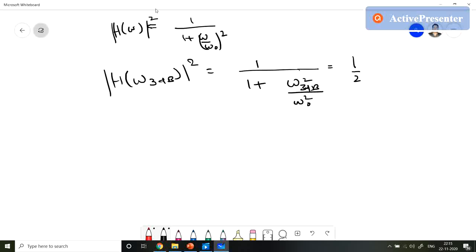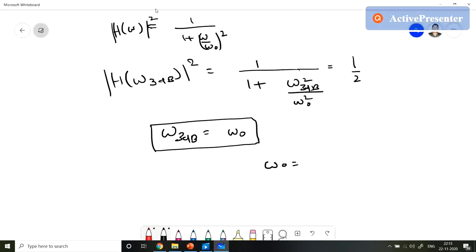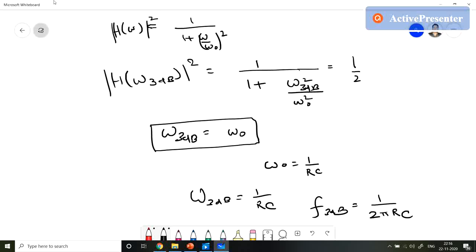After solving this, we get omega 3 dB is equal to omega naught, and omega naught is equal to 1 divided by RC. So omega 3 dB is 1 divided by RC, and F3 dB, in hertz, is equal to 1 divided by 2 pi RC.